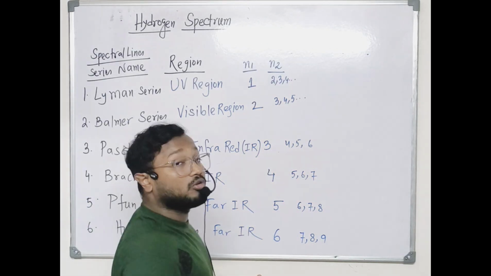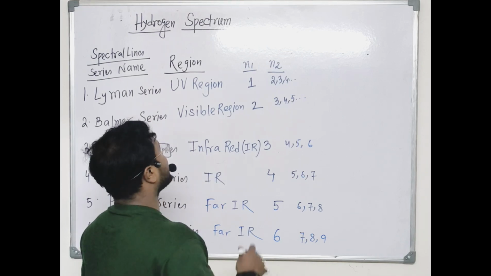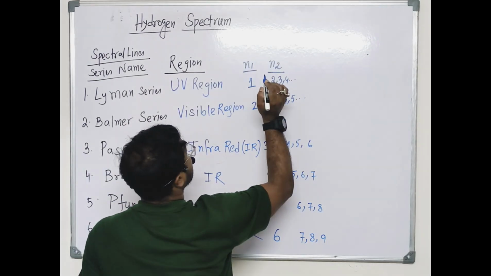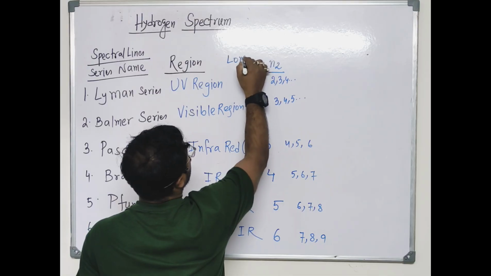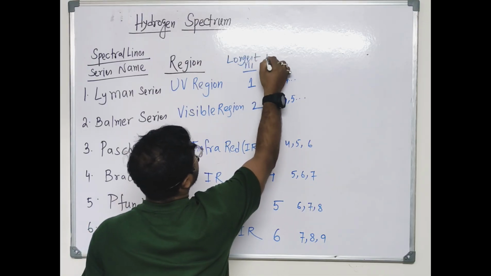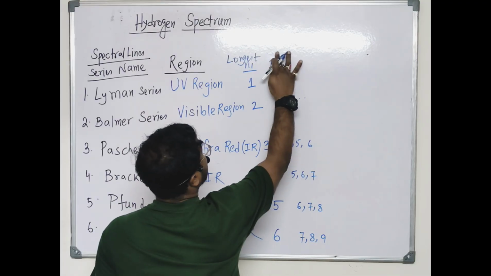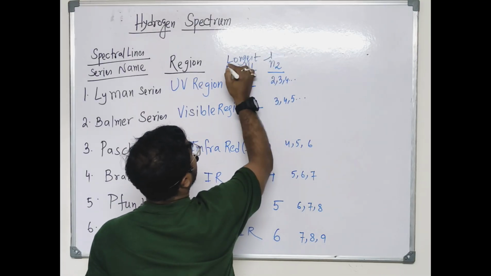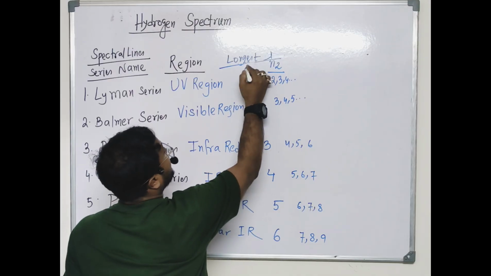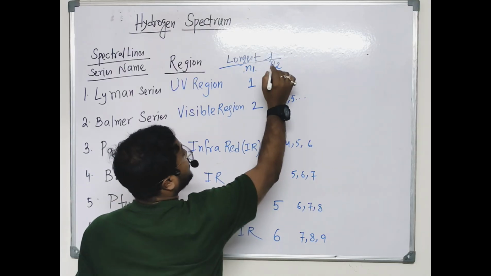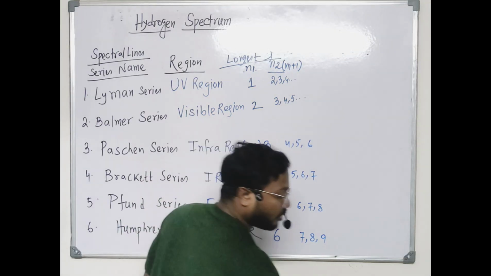Now whether this line will be the longest line or shortest line, that will be decided. Let us consider I want to take the longest wavelength, or I can say longest lambda in short. For longest lambda, the criterion is n2 needs to be n1 plus 1. That is what we use for longest lambda.